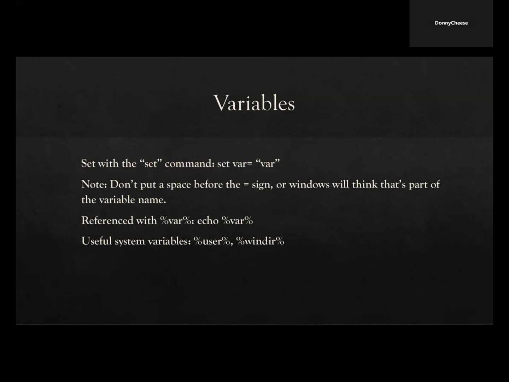You can pipe information from other commands into this set command to set the variable as that. You can also use this when, say you want to run Notepad. You could put notepad.exe in a var and then just simply call that variable and it will run notepad.exe. Very, very useful, and we're going to be using them in some of the scripts that we do today.